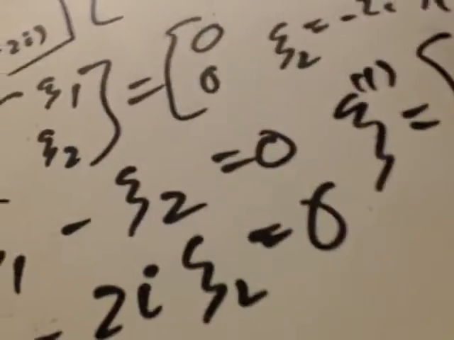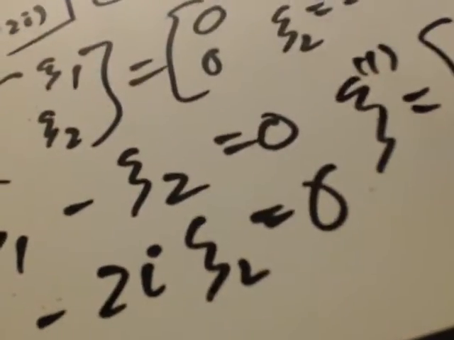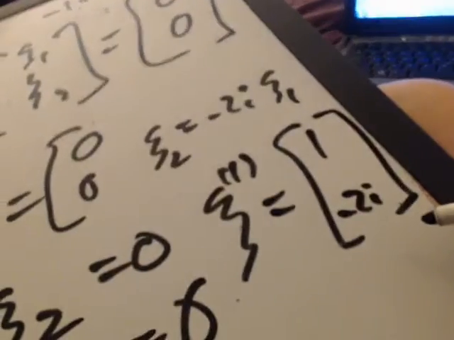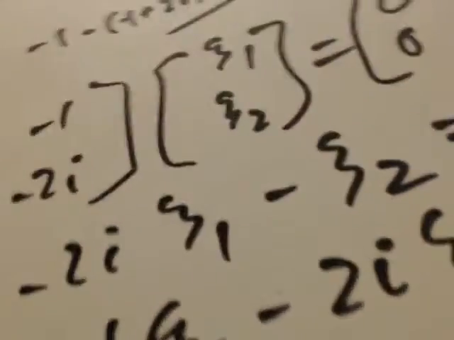So the vector, if I was doing the vector, xi1 is equal to, now, if I let xi1 equal 1, xi2 is negative 2i. Alright, we're almost done. This is why this technique is wonderful.